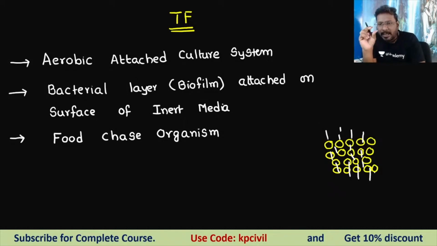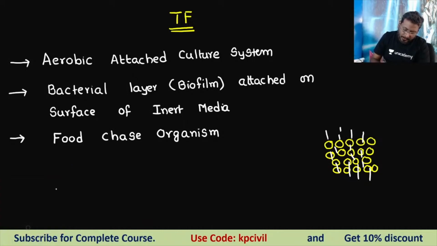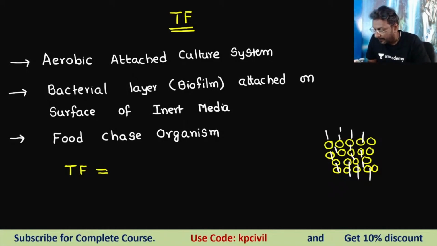So bacteria is statically present at one location on the media. Organic matter, food, is going towards the organism and utilized. In a single statement, trickling filtration: bacteria immovable, food is moving.